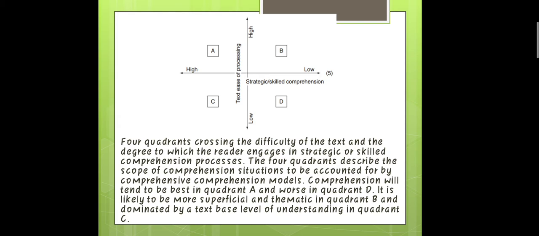Now, it was said that the constructionist model falls under quadrants A and C. That is to say that the model, even if the difficulty of the text is high or low, will tend to have a high level of strategic comprehension process.